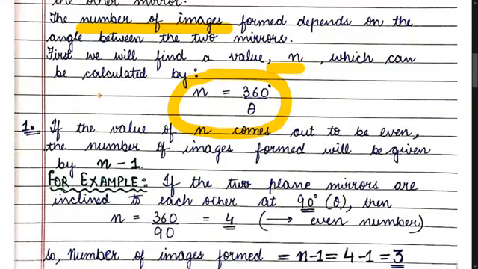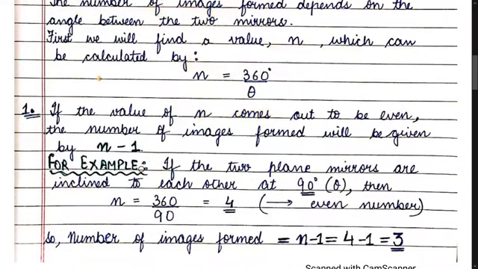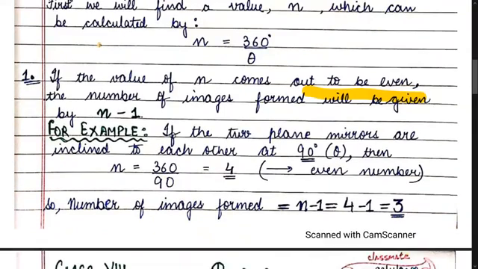So students, if the value of the factor n comes out to be an even number, then the number of images formed will be given by n minus 1.